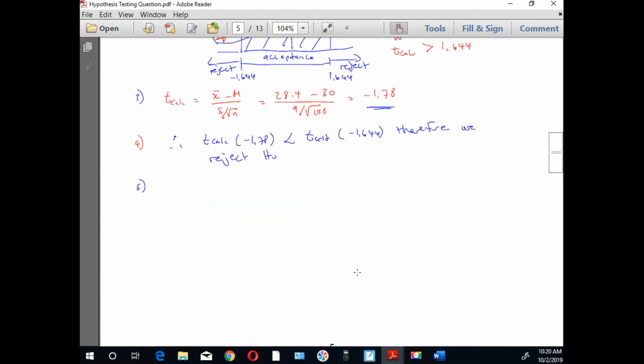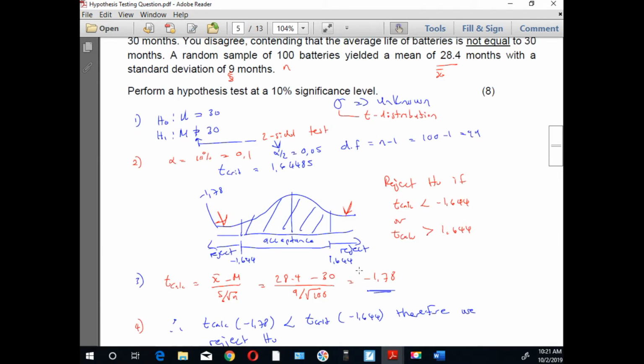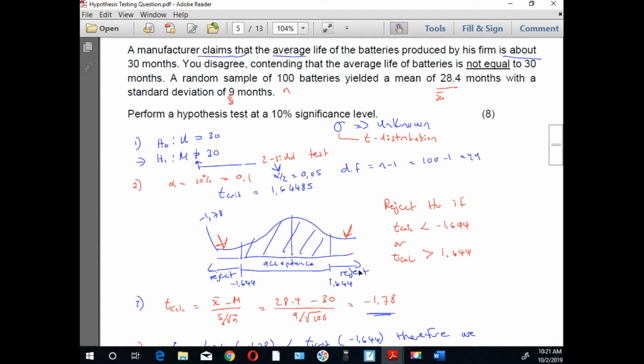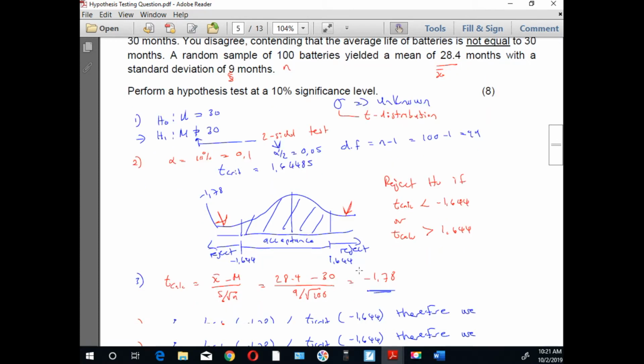Then conclusion. If we reject, it means we are agreeing with the alternative. Therefore, the average life of the batteries is not equal to 30 months.